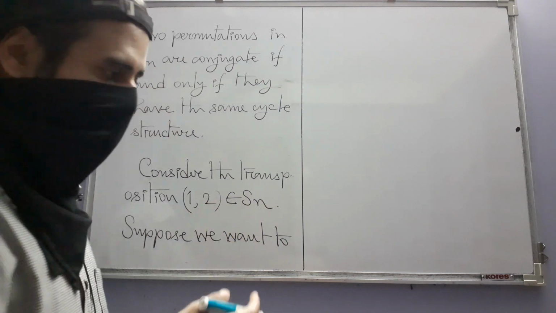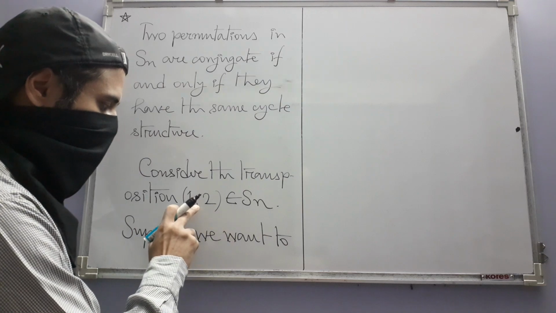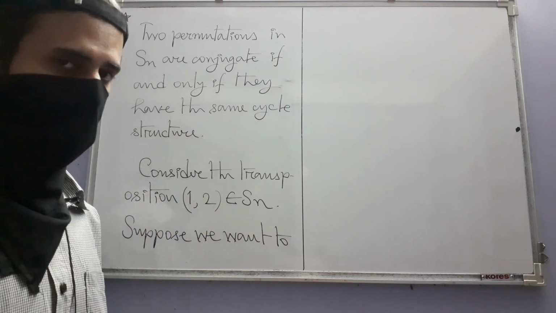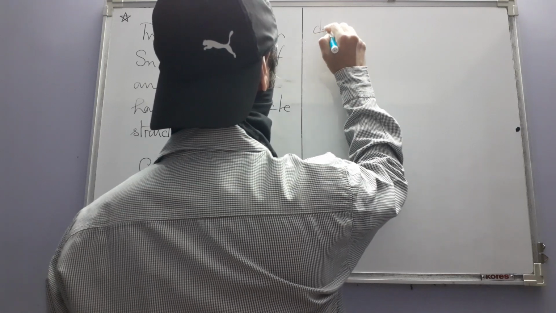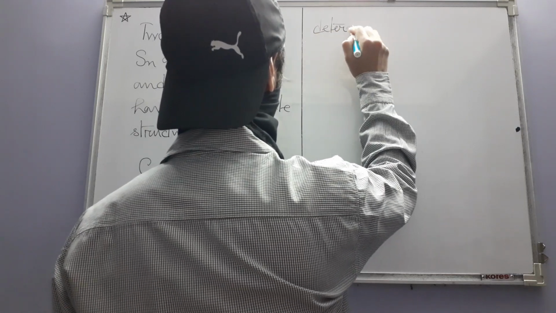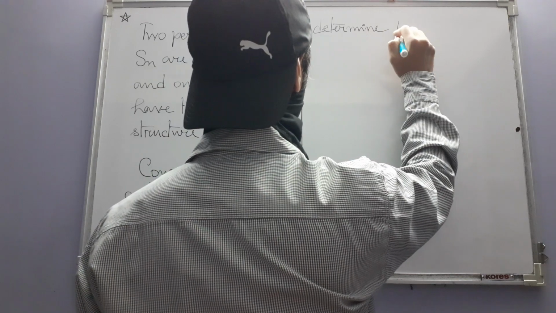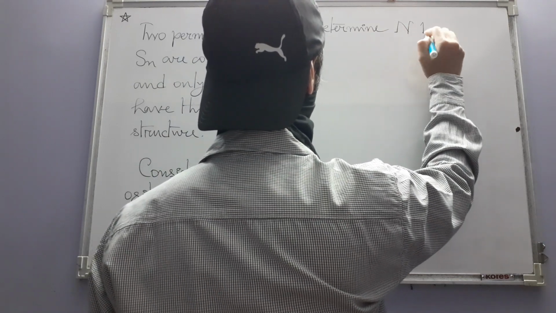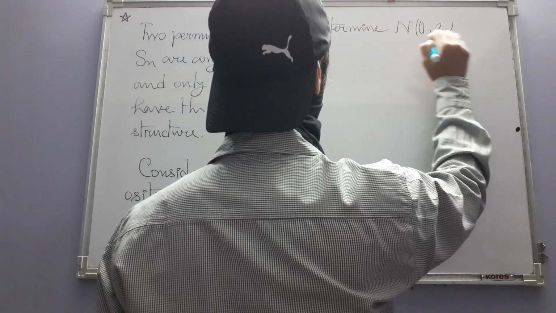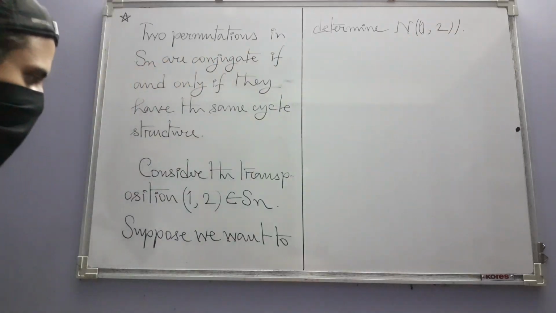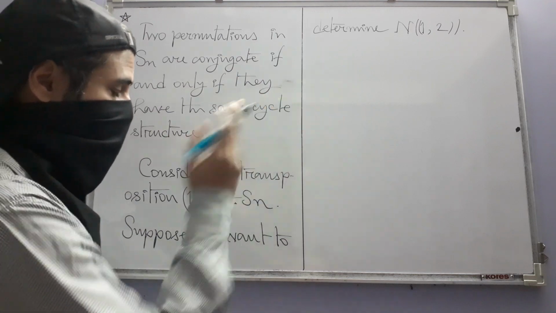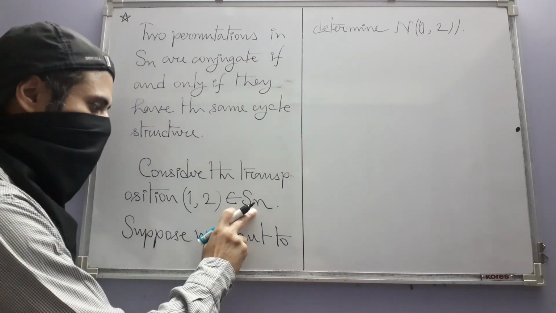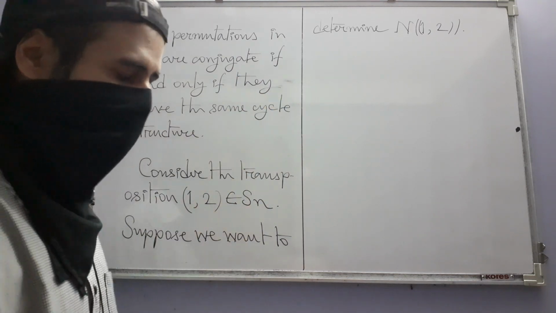In other words, we want to determine the normalizer of this element. The normalizer consists of precisely those elements in Sn that commute with this 2 cycle.